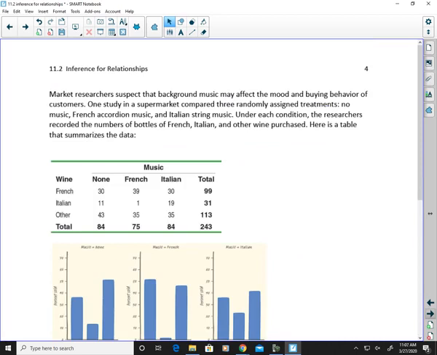So here's the results of a study. They suspect that the background music affects the mood in buying, how much wine they're going to buy, which type of wine they were going to buy. And so you would want to do your conditions for analysis if you're going to be doing a chi-squared test.